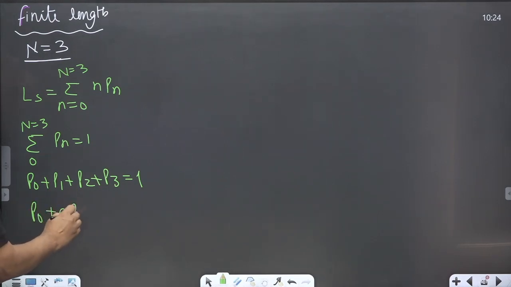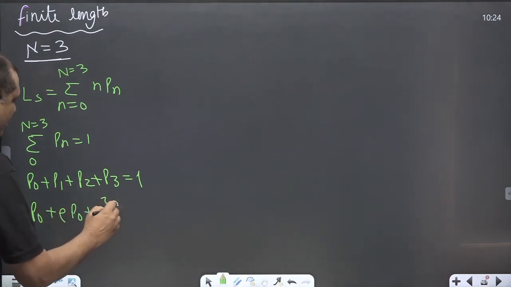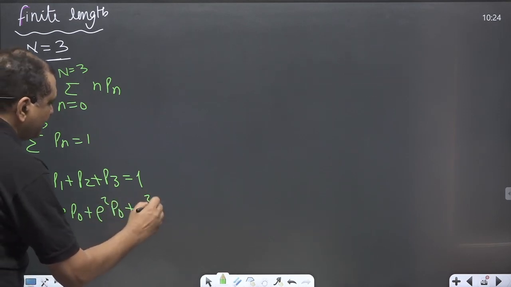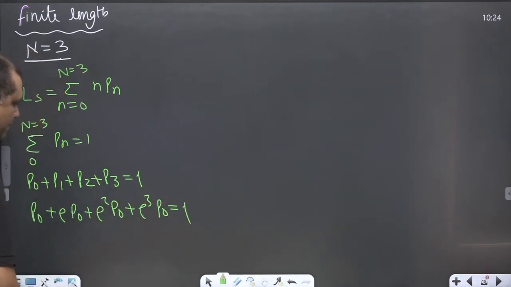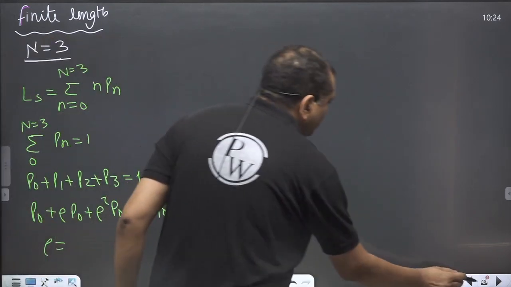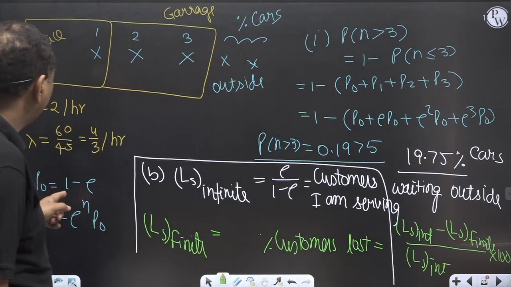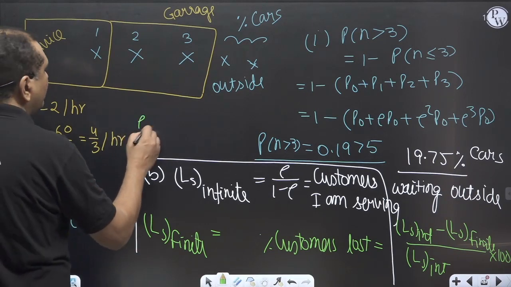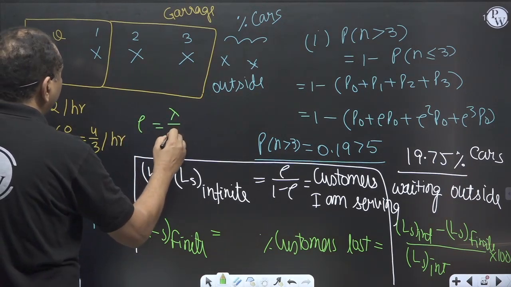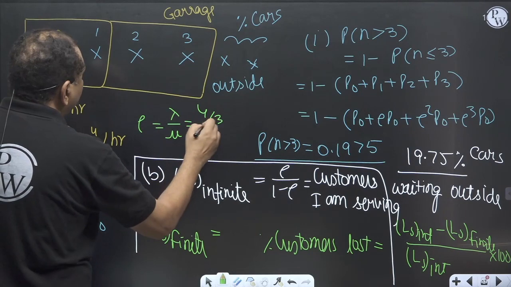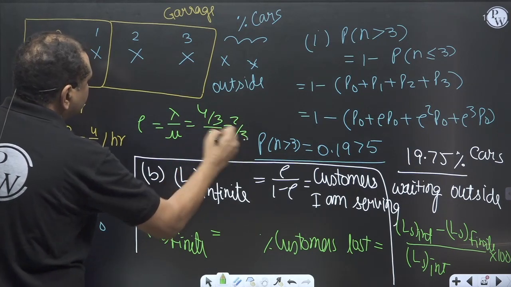P0 plus rho P0 plus rho square P0 plus rho cube P0 is equal to 1. Rho we know very well: it is lambda by mu, 4 by 3 by 2, so 2 by 3.